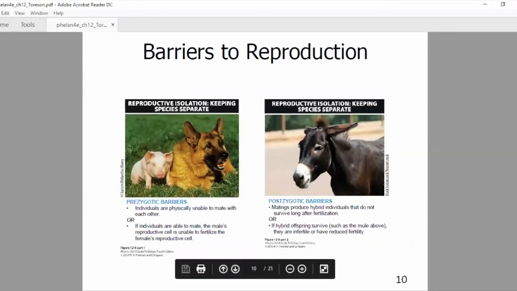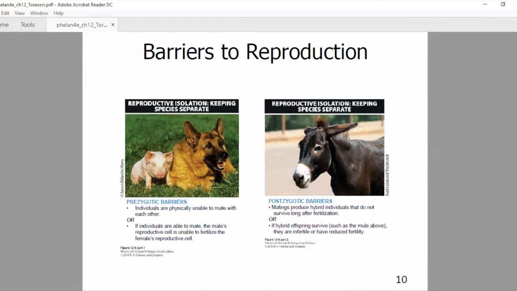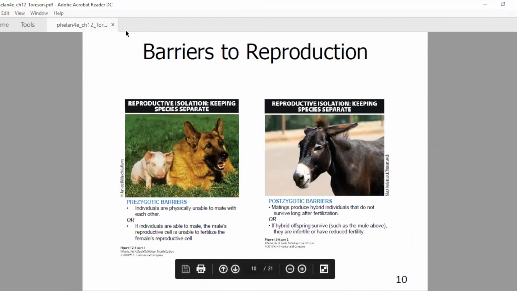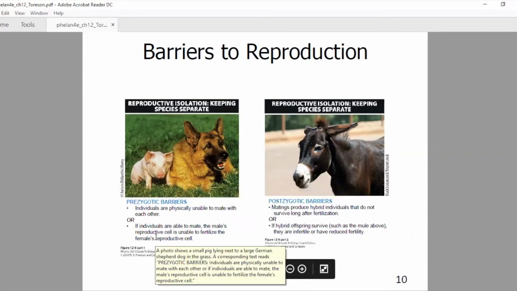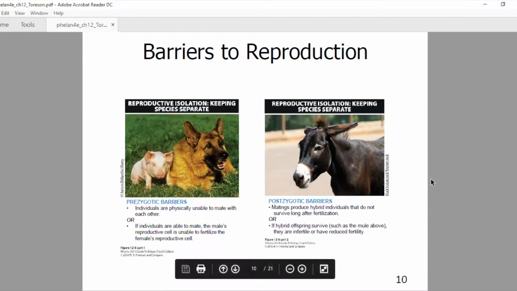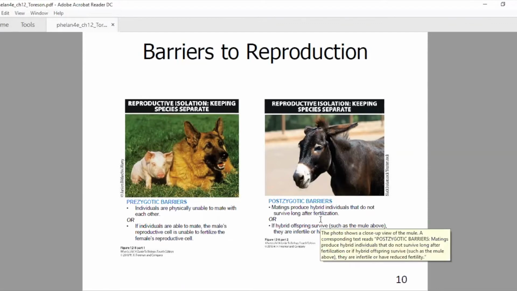This slide 10 shows you examples of reproductive isolation. The pre-zygotic barrier, for example, would be individuals that are physically unable to meet with each other. That would be an example of a barrier that prevents the formation of a zygote. An example of post-zygotic barriers is shown on the right-hand side.